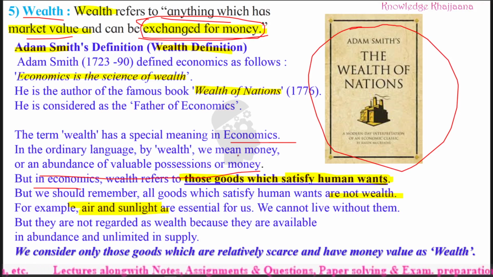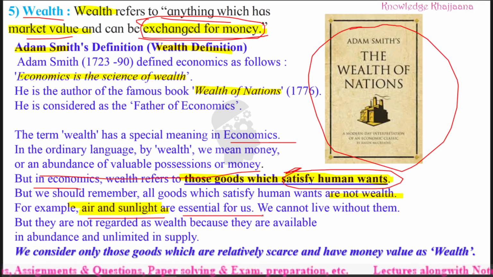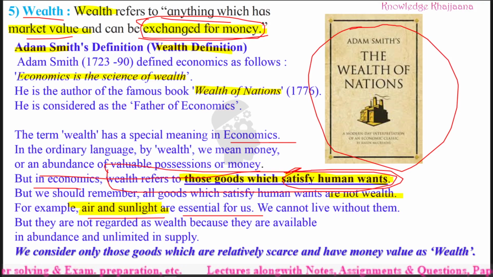Okay, they have value in use. So though air and sunlight satisfy human wants, they cannot be exchanged for money, though they are essential for us. So, as per this definition, wealth refers to those goods which satisfy human wants and which can be exchanged for money. Okay, that is called wealth.